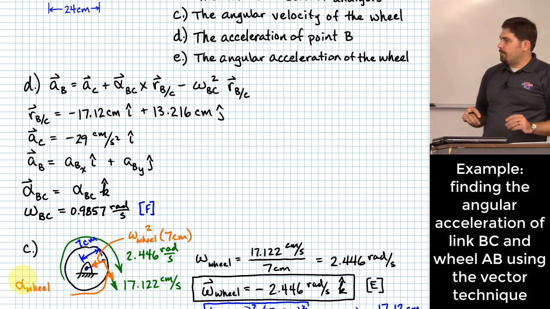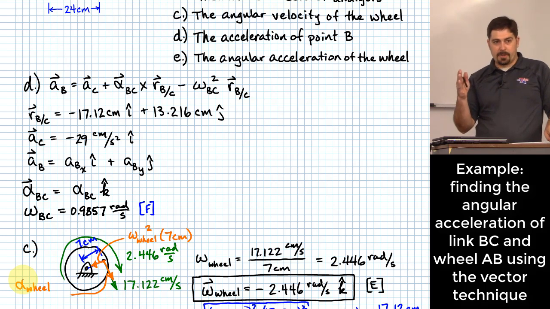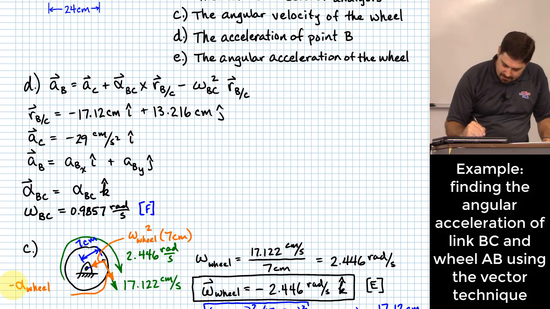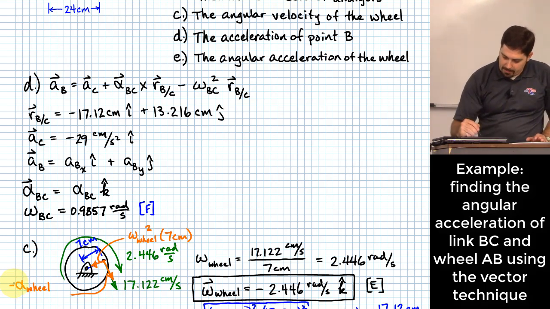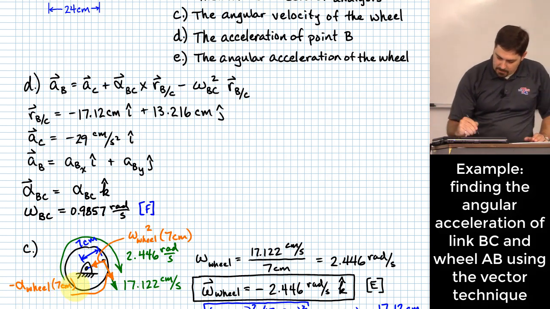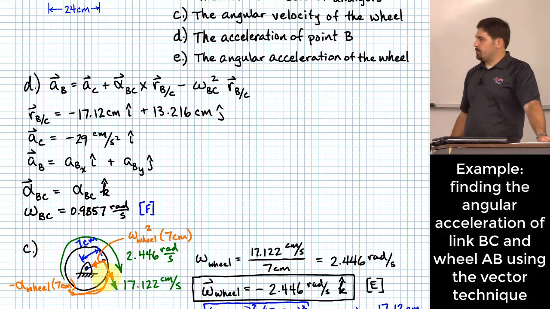Now I'm going to be very formal here and say it's really going to be negative alpha of the wheel times 7 centimeters. The reason I say that is that if it's the direction that I'm showing there, then alpha would actually have to be counterclockwise. So what I would have is negative alpha of that wheel multiplied by 7 centimeters. And that's what that other component is going to be right there at B.